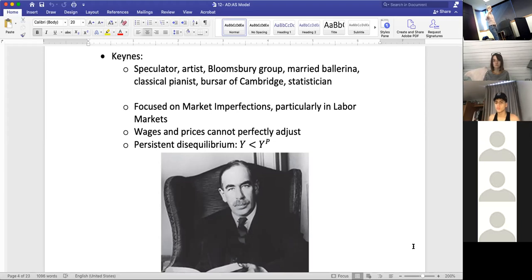Government can. Government, by using its tools of fiscal policy and monetary policy, can help put an end to recessions. So as opposed to laissez-faire, Keynes has a much more proactive view of how government should be involved in managing the economy.